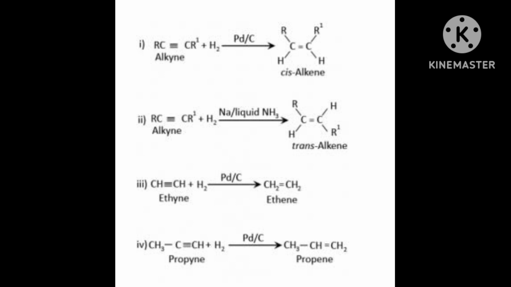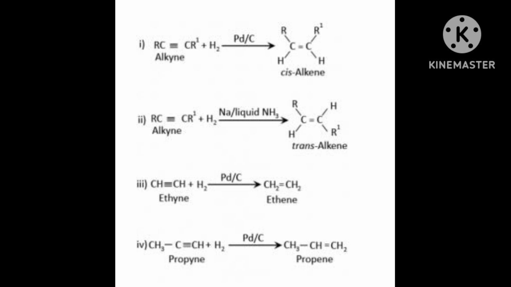All things are the same; only you write cis because the methyl groups are close, and in the second the methyl groups are at the farthest distance, diagonal, that's why it is trans. The nomenclature is the same, only in one case you write cis, in the other case you write trans.